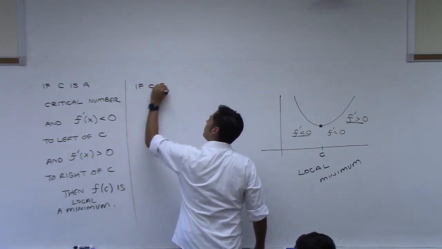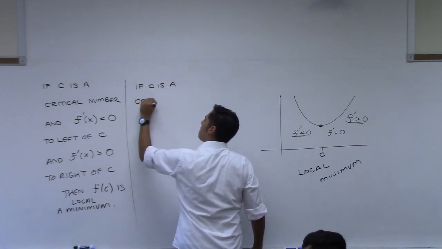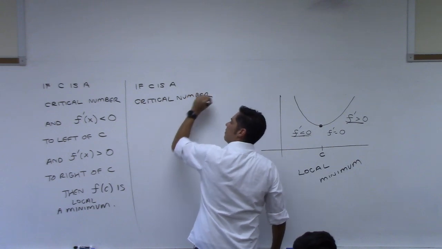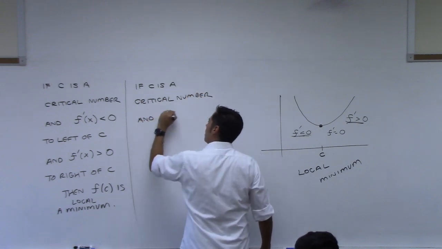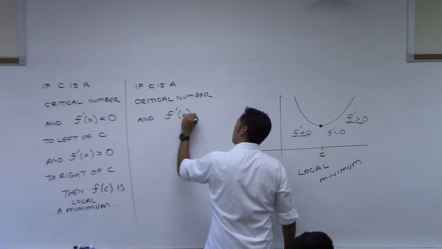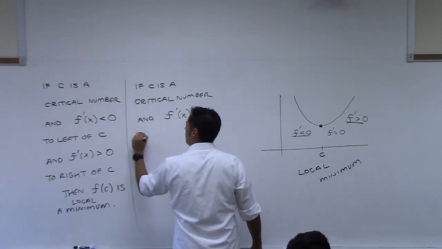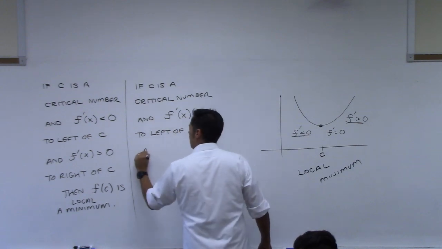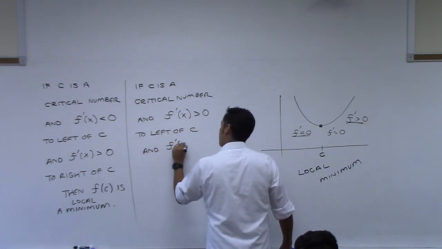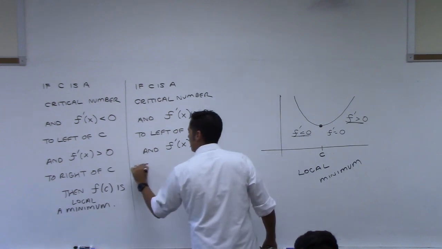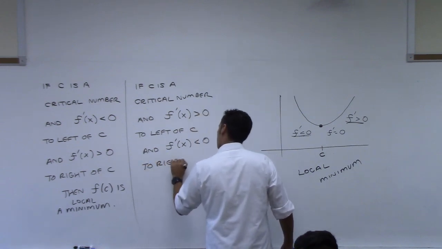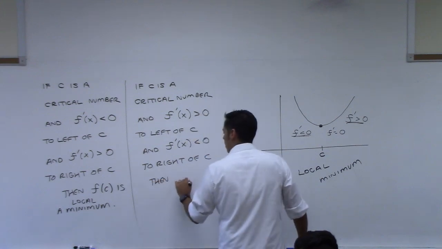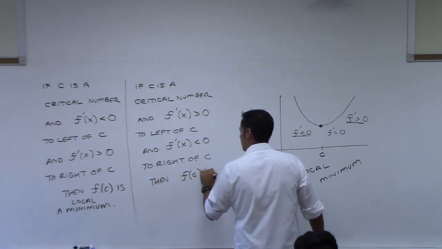If C is a critical number, and f prime of x is greater than 0 to the left of C, and the derivative is less than 0 to the right of C, then f of C is a what?